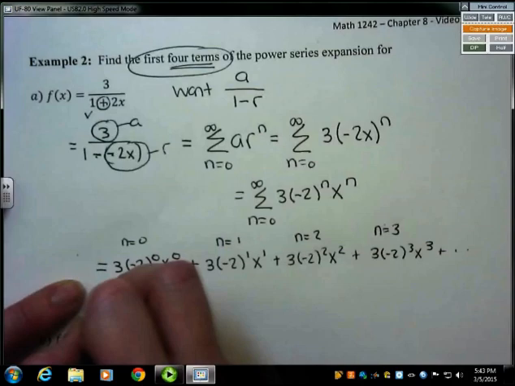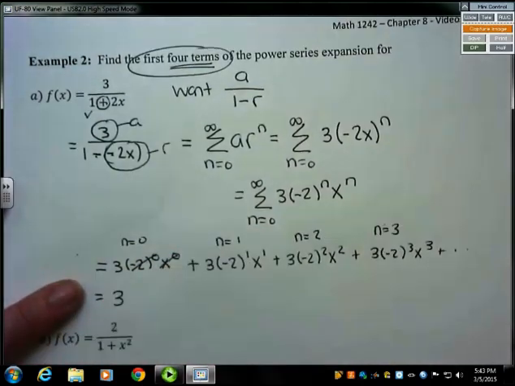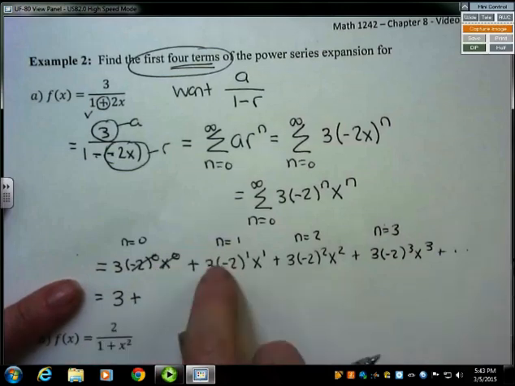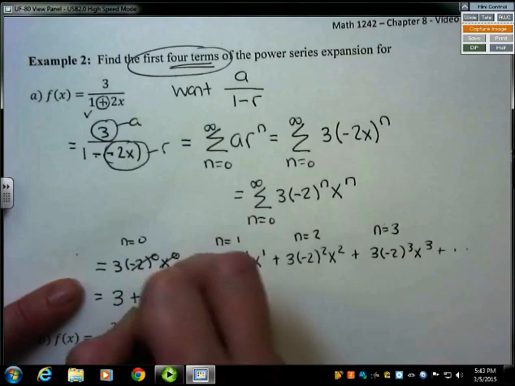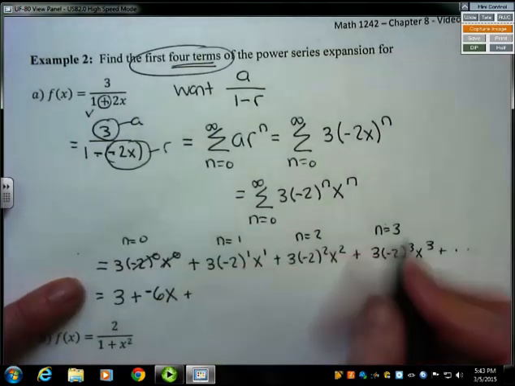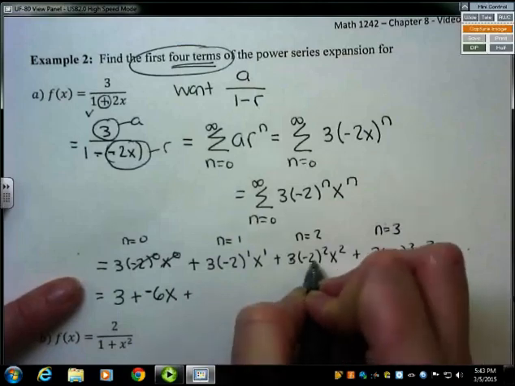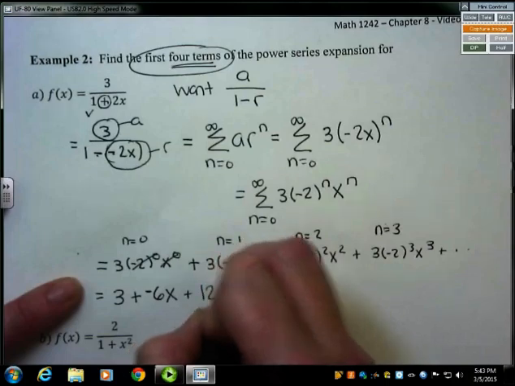So what I'm looking at is 3 times 1 times 1, so just 3. Here I have 3 times negative 2, giving me a negative 6x. Here I have 3 times negative 2 squared, so 3 times 4, giving me 12x squared.